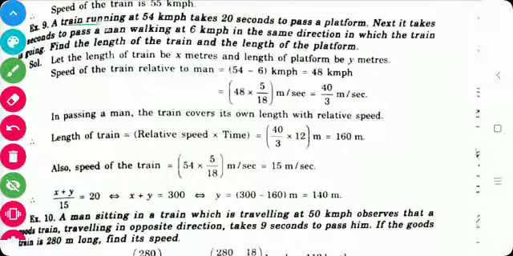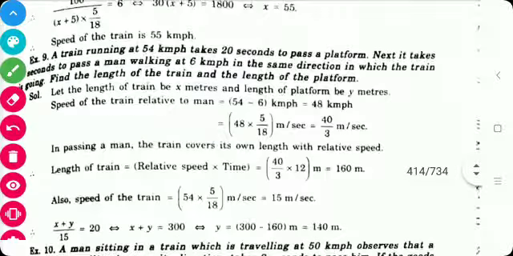Next is a train running at 54 km per hour. A train running at 54 km per hour takes 20 seconds to pass a platform.